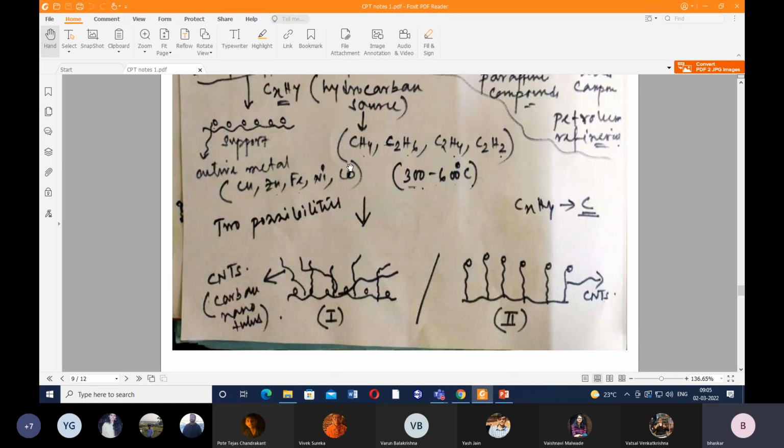Everybody knows that CxHy will come in contact with the catalyst system at a temperature between 300 and 600 degrees Celsius, and CxHy will decompose into elemental carbon, isn't it? Methane will crack into carbon. Ethylene will crack into carbon. This is not ethylene, this is ethane. Ethane will also crack into carbon, 2C.